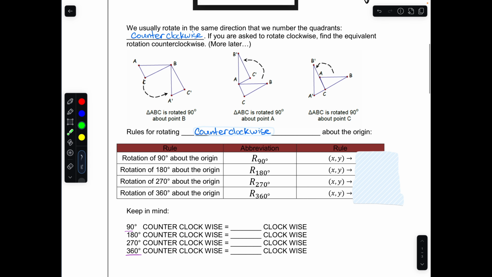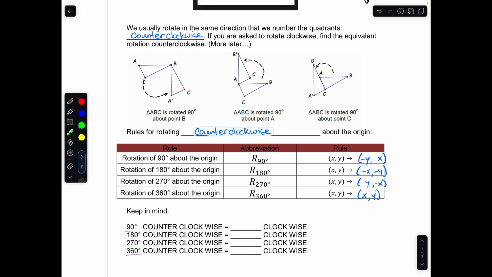So here is where we can record those ideas. As you can see, whatever xy pair we start with, if we rotate 90 degrees counterclockwise around the origin, we're going to swap the coordinates, and the old y-coordinate is going to change sign. So the opposite of the old y-coordinate will be the new x-coordinate, and the old x-coordinate of the pre-image will become the y-coordinate of the image.